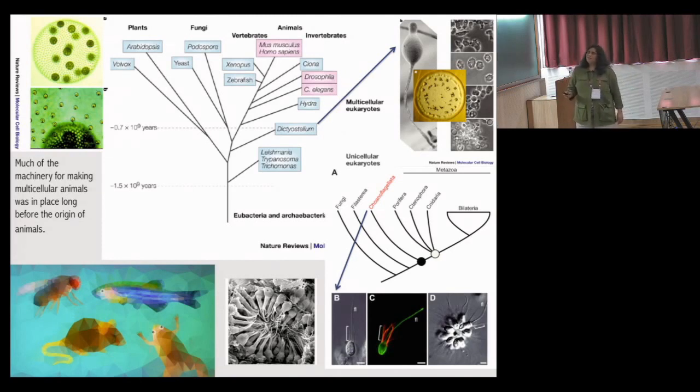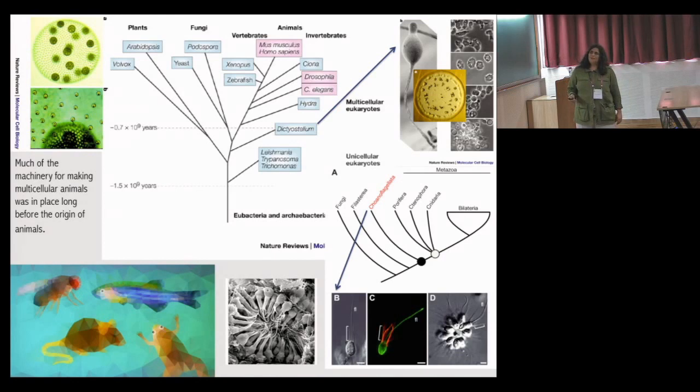So even unicellular organisms like this soil amoeba or choanoflagellate, which is, by the way, considered the last common ancestor between multicellular and unicellular organisms, both of these exhibit very complex social behaviors.